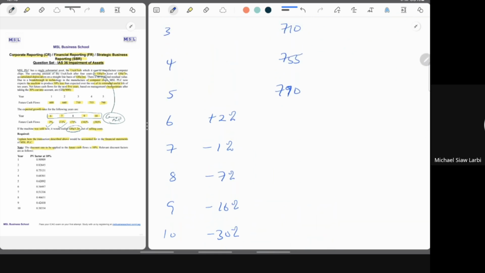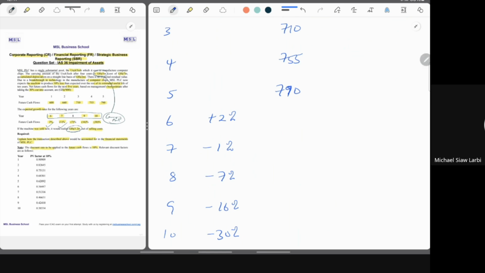For year 5 to year 6, we are saying the year 5 estimate will grow by 2%. So this is going to be 790 times 1 plus 0.02. We are growing by 2%, right? Let me do that on my calculator. 790 times 1 plus 0.02 gives me 805.8.